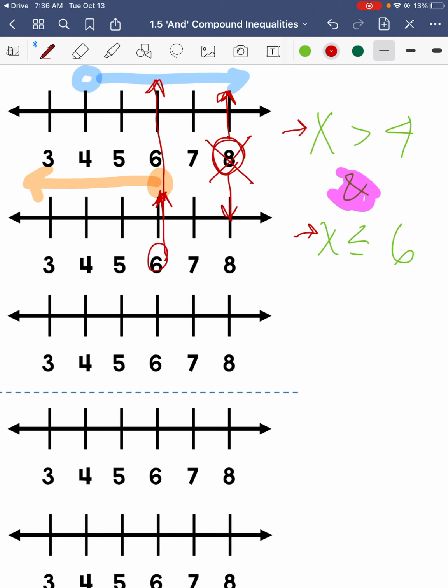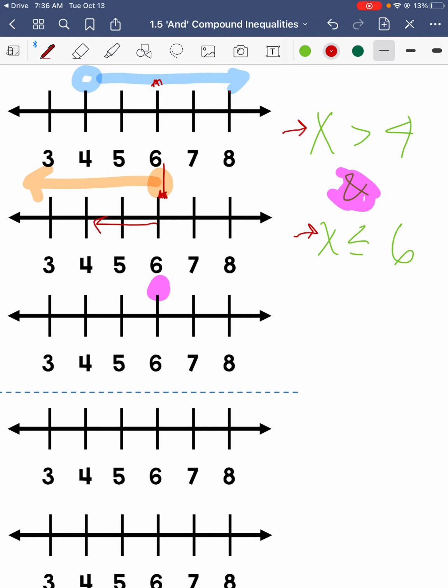Anything just over 6 is not included, but 6 is. So we're going to draw a closed circle over 6. And we're not going to look at anything that is bigger than 6 because it won't be included in the second one.